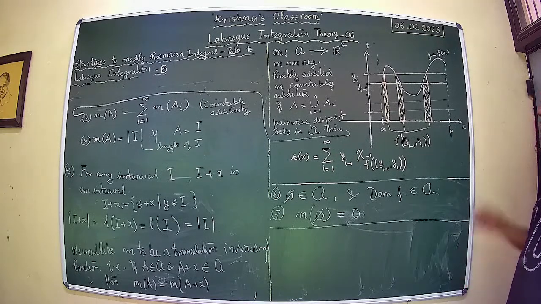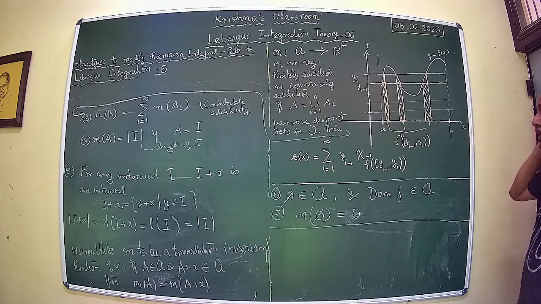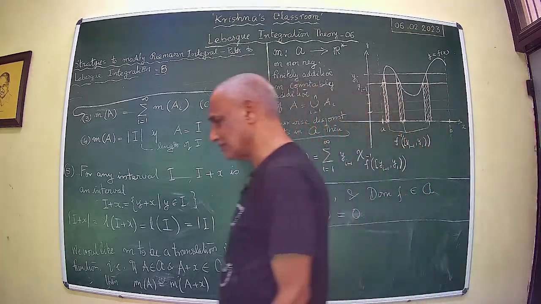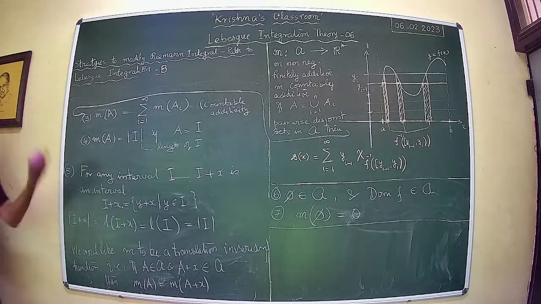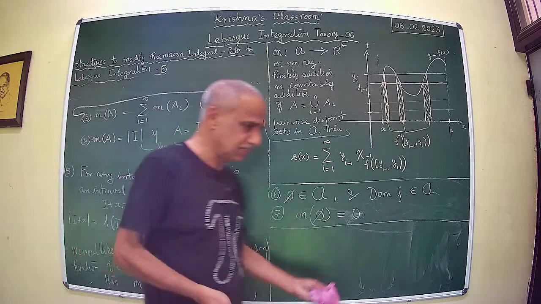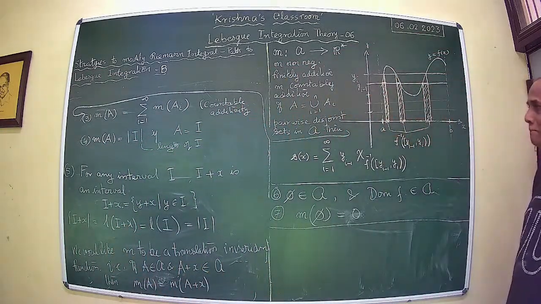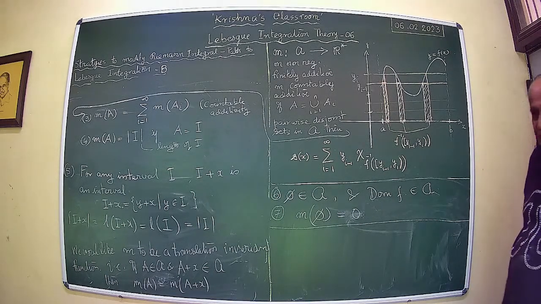So we have our task very clearly set. That is the following. Take the domain of the function on as large a class of sets as possible, and define the measure.